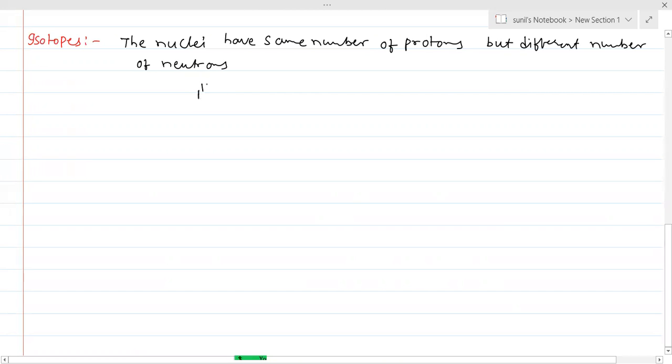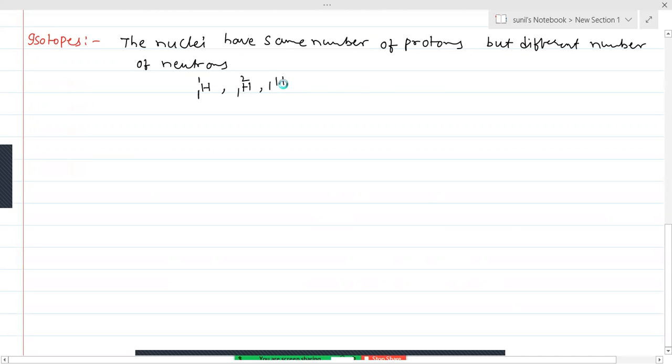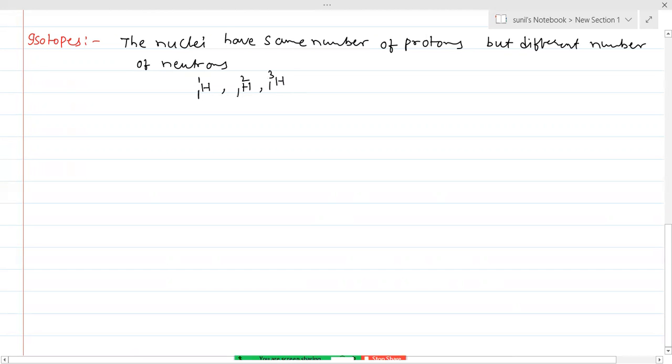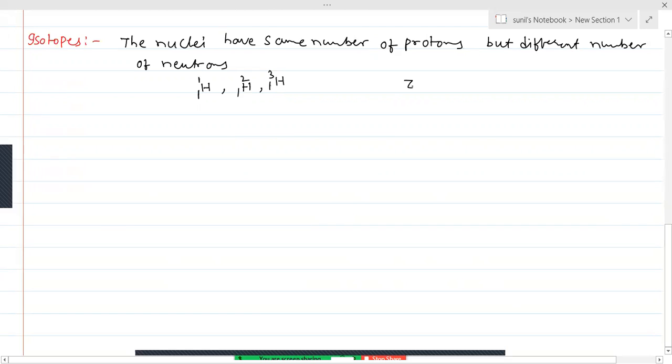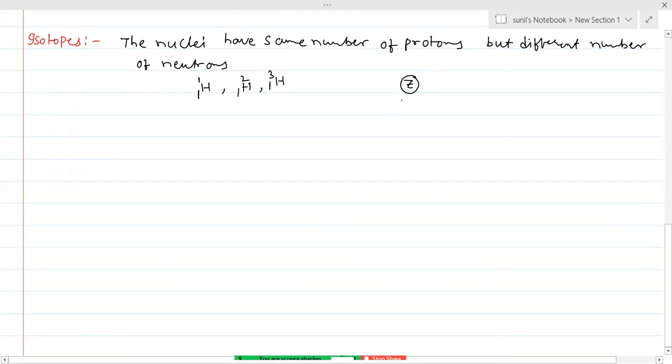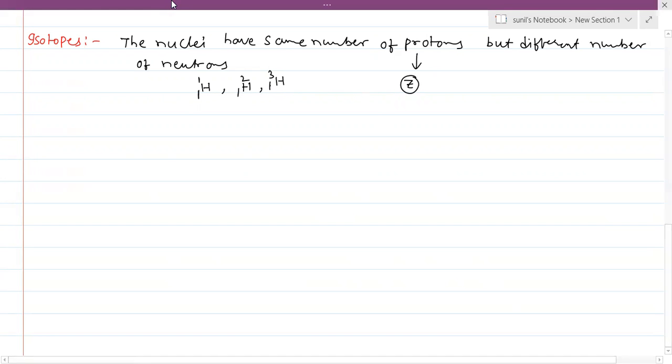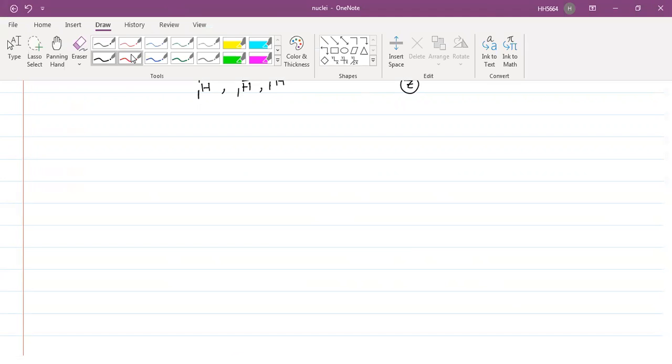For example, 1H1, 1H2 and 1H3. We see that Z, the number of protons, is the same, but the number of neutrons is different. We call these isotopes.